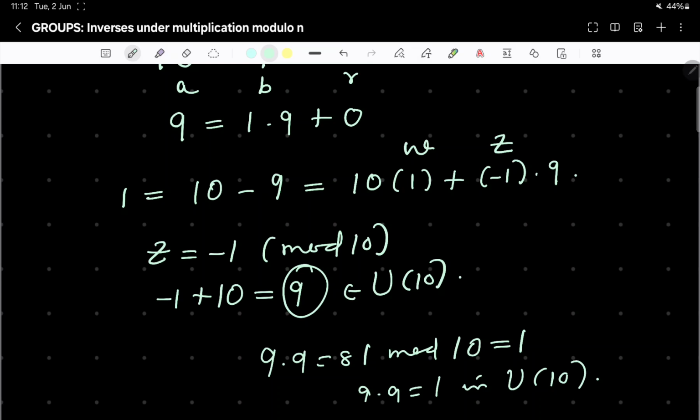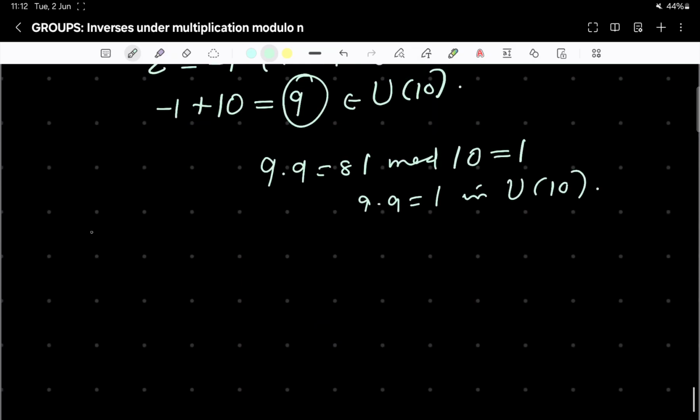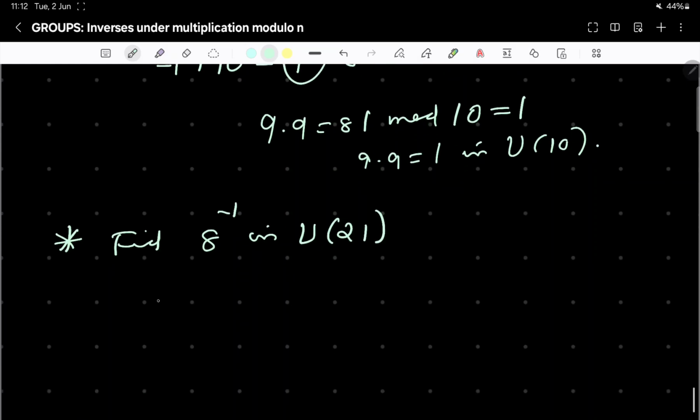So I'll explain this with one more problem. Find 8 inverse in U21. It is very clear that we have to check whether the GCD of 21 and 8 is equal to 1.